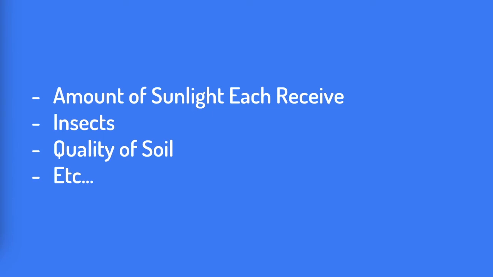This one you can actually control by giving them the same soil from the same place, but still you can't really guarantee all the soils are exactly the same. And there are several others. All these are control variables which have the potential to produce outliers in your data from the experiment. This is the control variable.